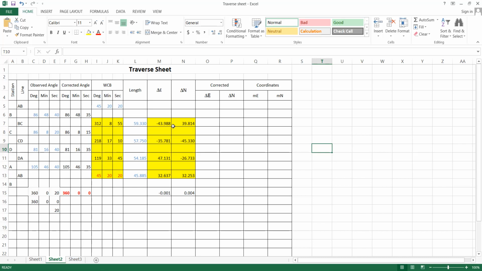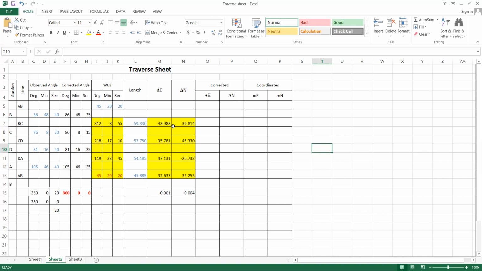The step is calculating delta E and delta N. Still, don't worry about the bottom values, the minus 0.1 and 0.4. I didn't explain up to that. Just calculate the highlighted ones using L sin phi and L cos phi.